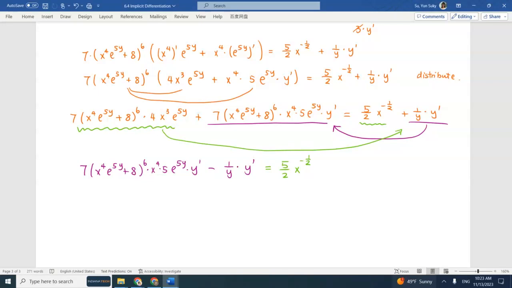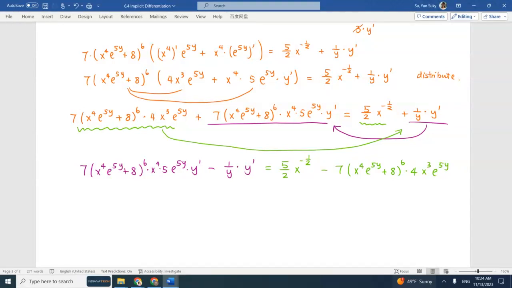And then what? Plus or minus? Minus that giant term. So minus 7 x to the 4 e to the 5y plus 8 to the 6 4x cubed e to the 5y.